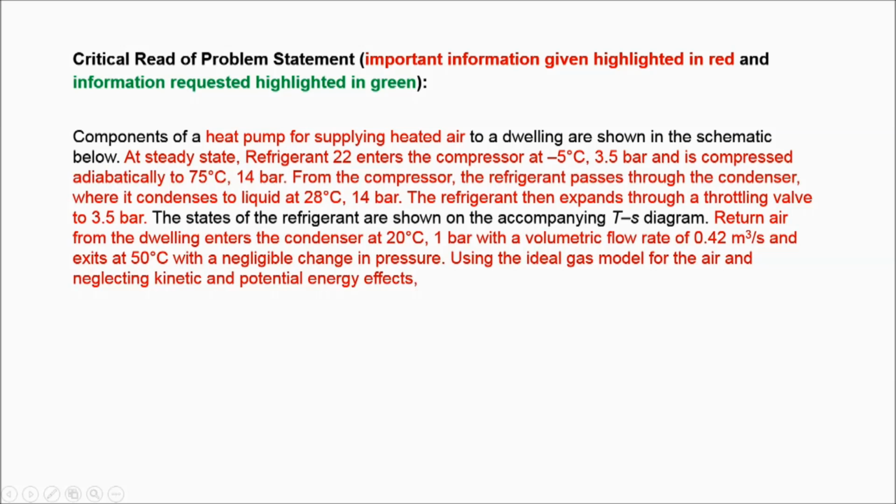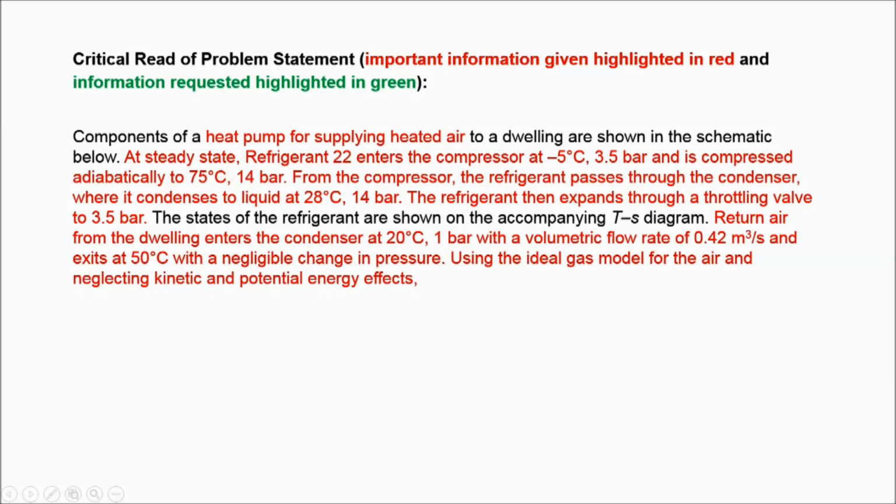From the compressor, the refrigerant passes through the condenser where it condenses to a liquid at 28 degrees C and 14 bar. The refrigerant then expands through a throttling valve to 3.5 bar. The states of the refrigerant are shown in the accompanying TS diagram.